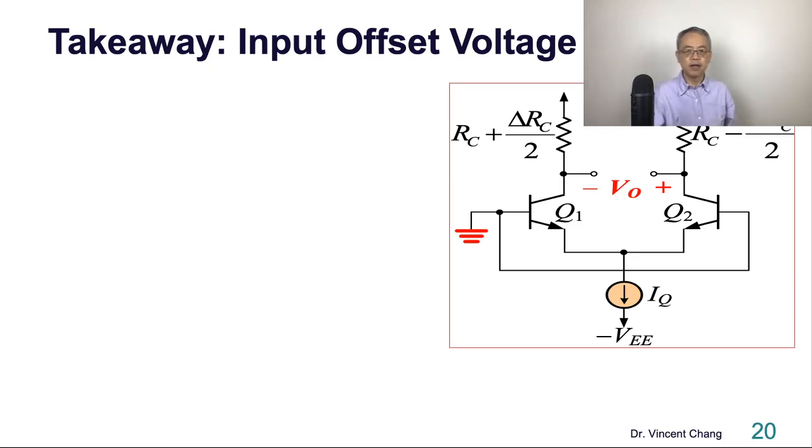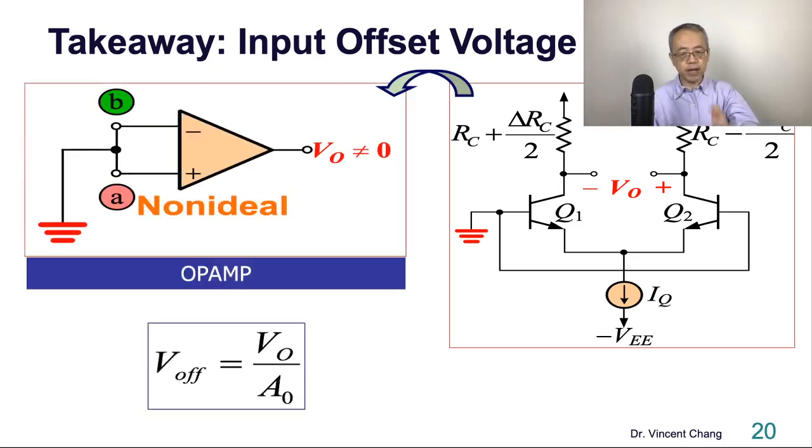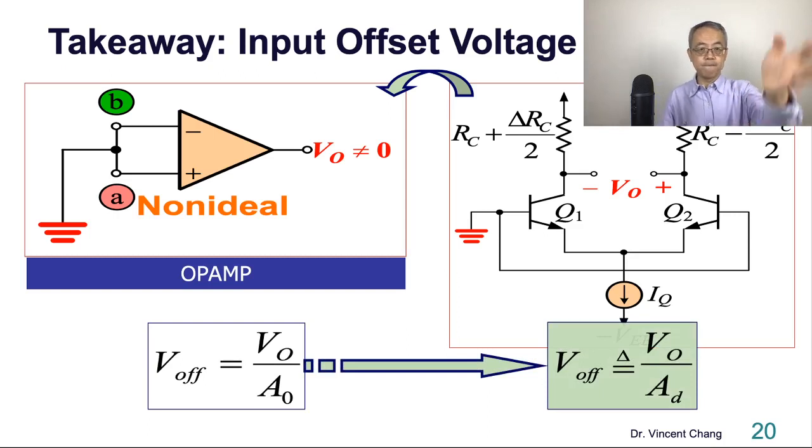The third step is to find the differential gain and plug it into the formula. So 3 steps: input grounded, DC output offset voltage, output, not input, and then differential gain. You may want to write this down in your notes. Plug into this formula and it will give you the answer. Make sure you got this right.